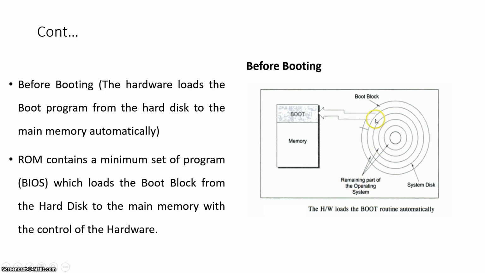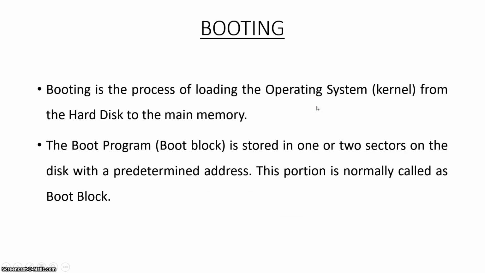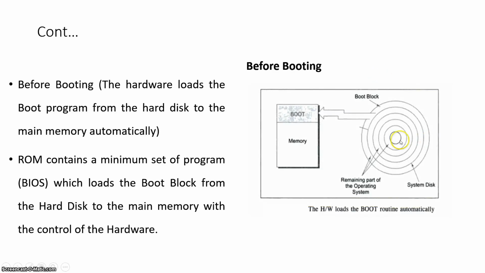First this boot program, that is the boot block, is loaded. The boot program is stored in one or two sectors on the disk with a predetermined address. This portion is called the boot block. So what is the work of this boot block? With the help of the hardware, it will load the boot program from your hard disk to your main memory automatically.